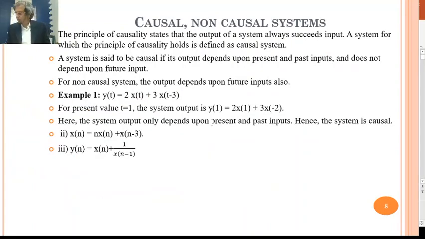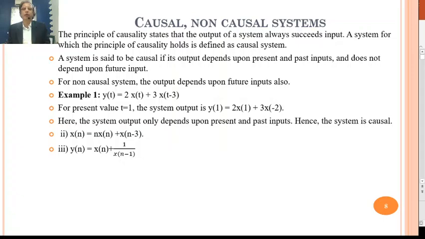Then the causal system and the non-causal system. The principle of causality states that the output of the system always succeeds the input. Succeeds the input means the output comes out after the input. A system for which the principle of causality holds is defined as a causal system.